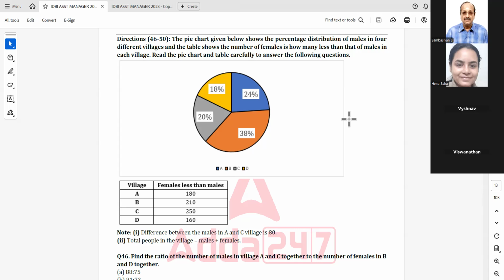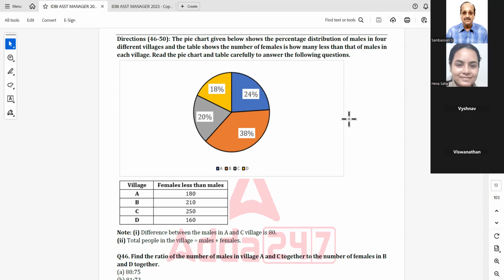Correct. Number of females 550. In village C, 250 less, so 150 females. In village D, 160 less, that is 200 people. So we can identify this. These numbers are known to me now.